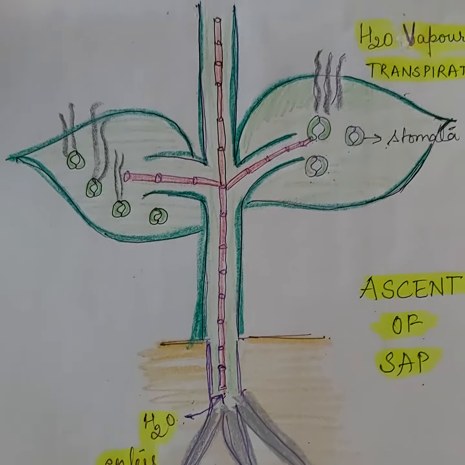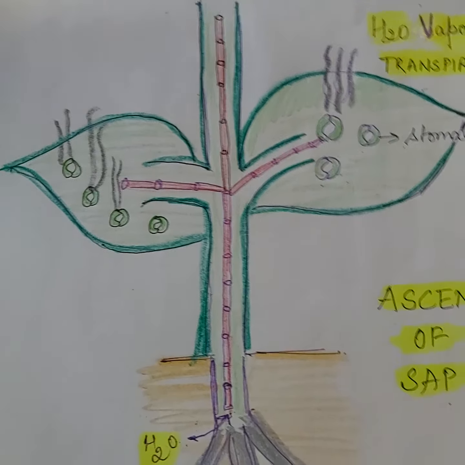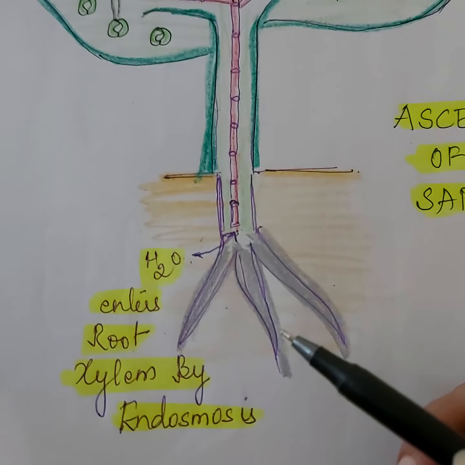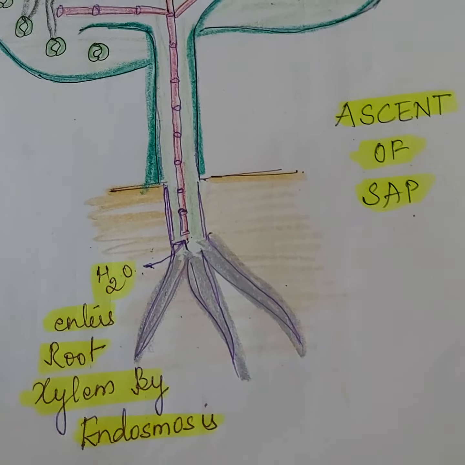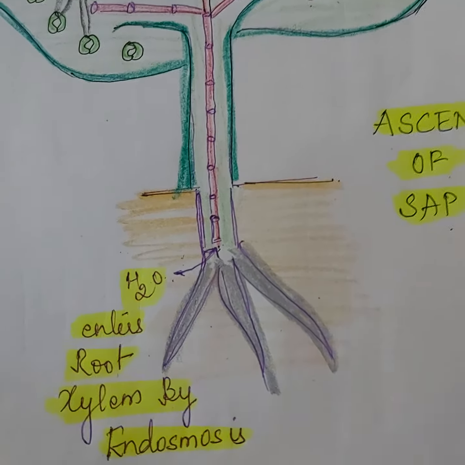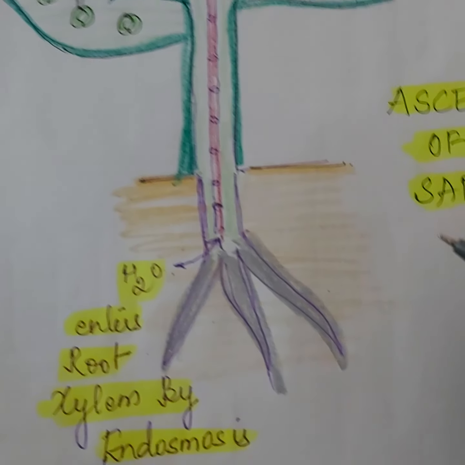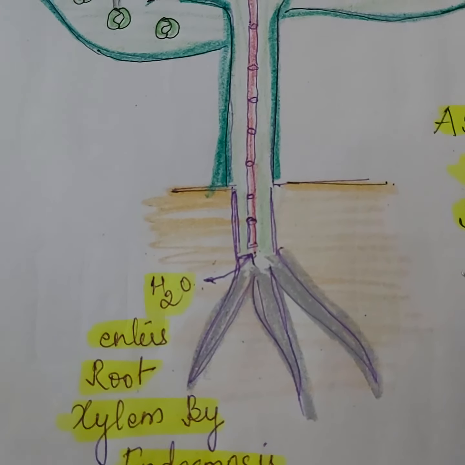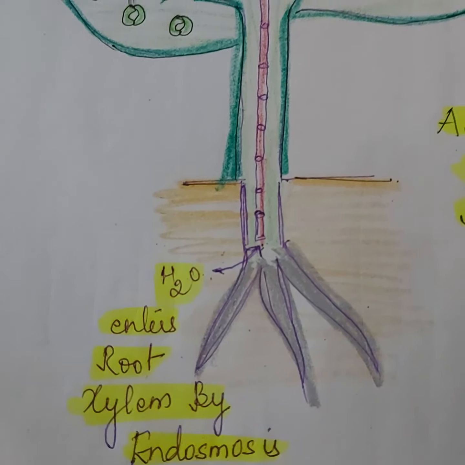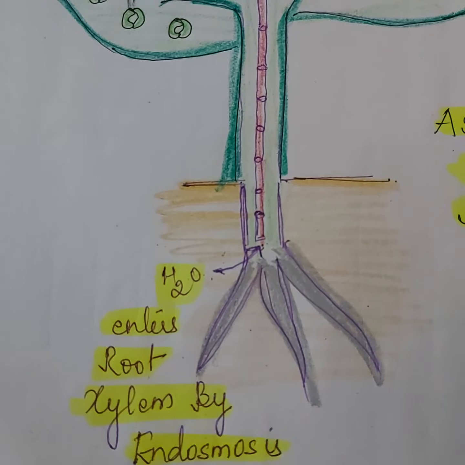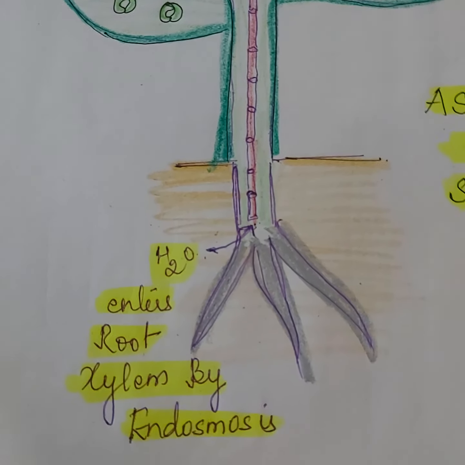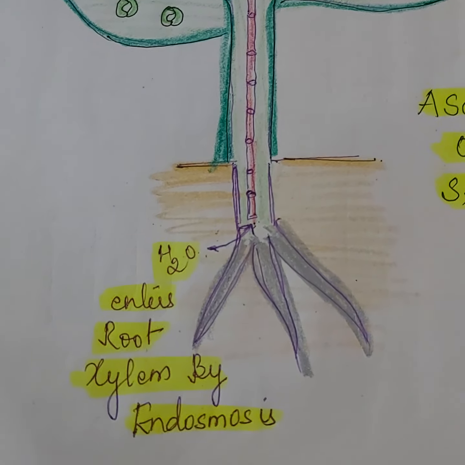This shows the movement of water in the plant body with the help of this tissue. Children, all of you know that whenever a concentration gradient is developed, high water potential and low water potential, water always moves from a region of higher water concentration to lower water concentration by the phenomenon of endosmosis, right?